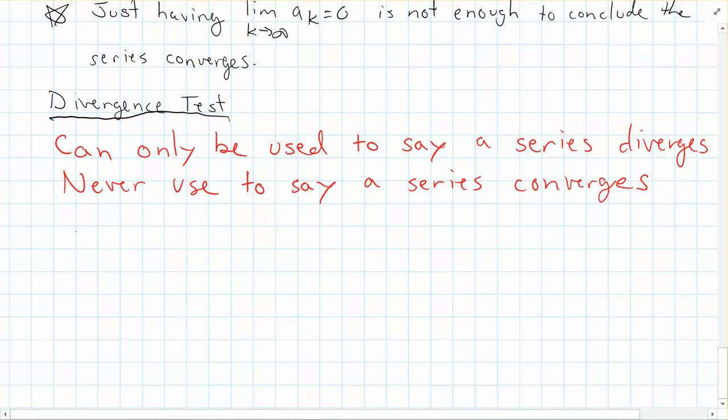So the divergence test is: given a series, and I'm not putting the indexing down here because I don't care what the indexing is, it's just some series. So given a series a sub k, if the limit as k goes to infinity of a sub k does not equal 0, then the series diverges.